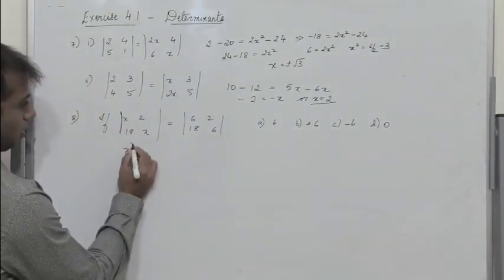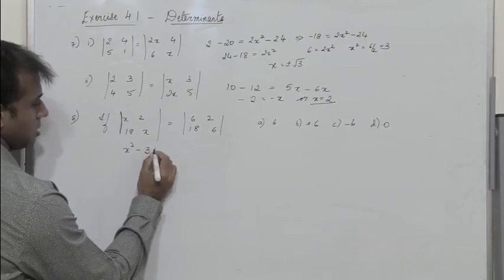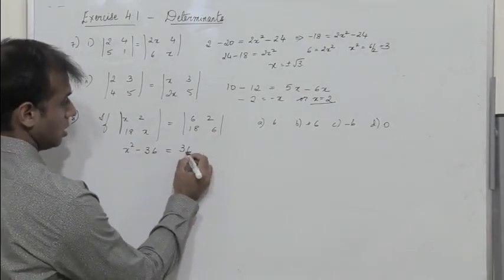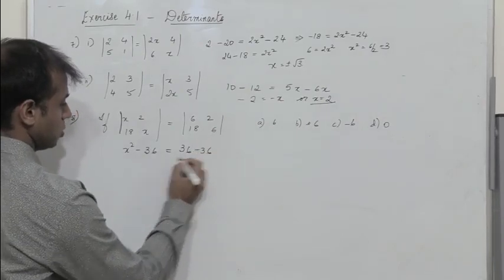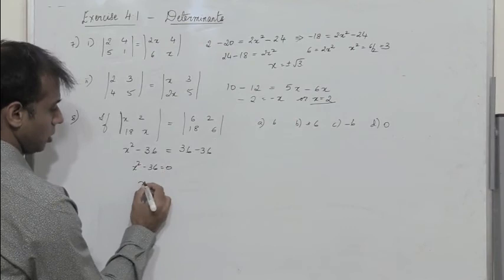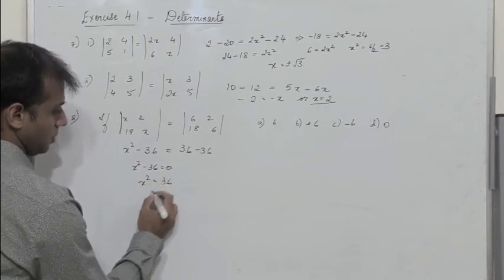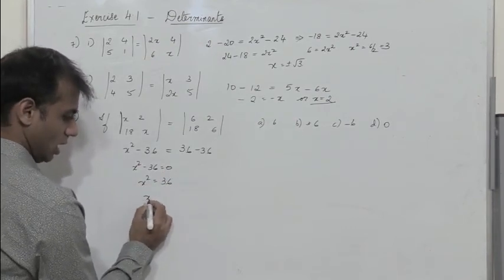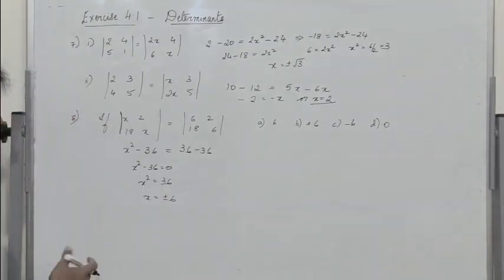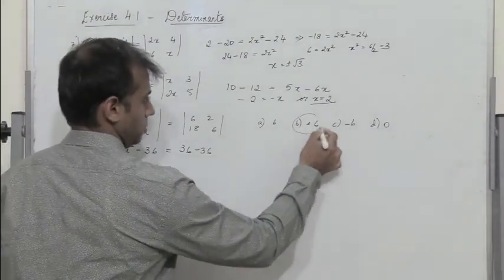So we get x squared minus 36 equals 6 into 6 is 36, 18 into 2 is 36. So we have x squared minus 36 equals 0, or x squared equals 36. Well, what is x? X is plus minus 6, right? So the answer is B.